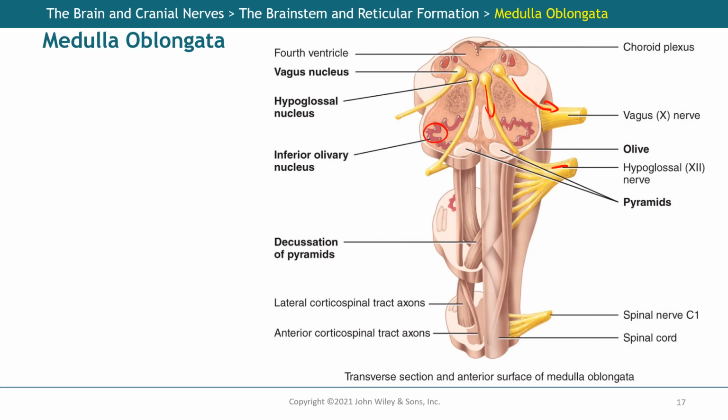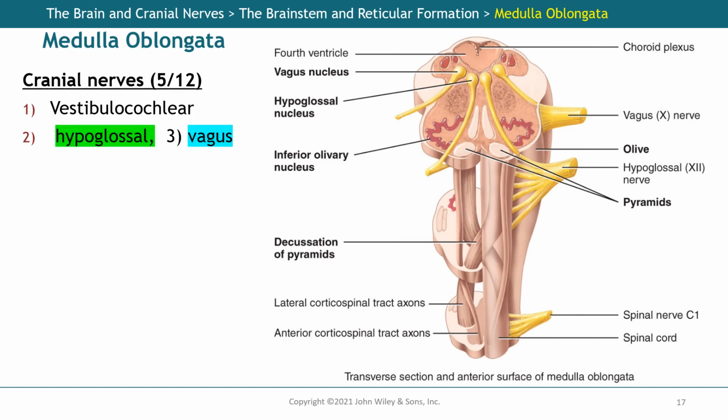Okay, so here I'm going to show you the cranial nerves and the structures that are important to remember from the medulla oblongata that appear in your textbook. In your textbook they go into more detail, but I'm not going to go into so much detail. So in the medulla oblongata, you will find some of the 12 cranial nerves, and there are some that you will see in this schematic and other ones that you will not see.